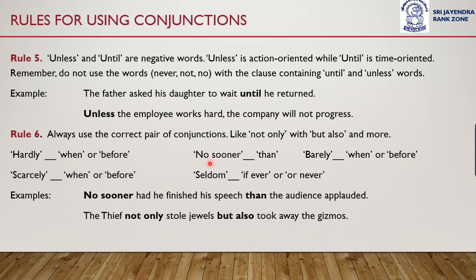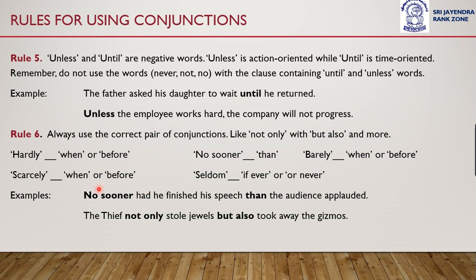Similarly, with no sooner, we will use than. For example, no sooner had he finished his speech than the audience applauded. Okay, this is how we use correlative conjunctions in a sentence. Barely should be followed by when or before.